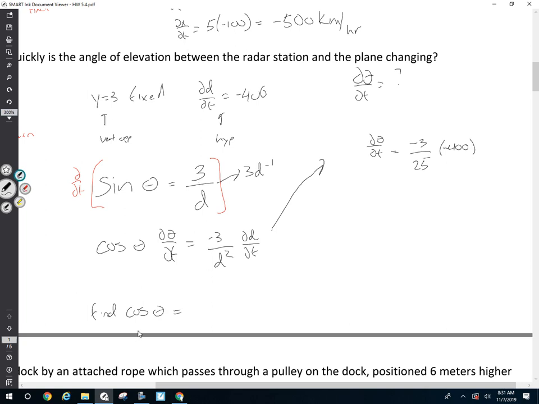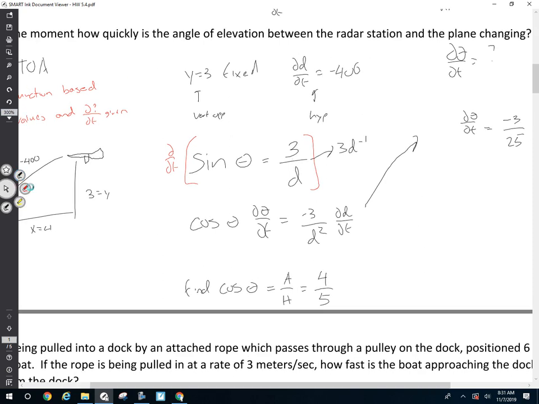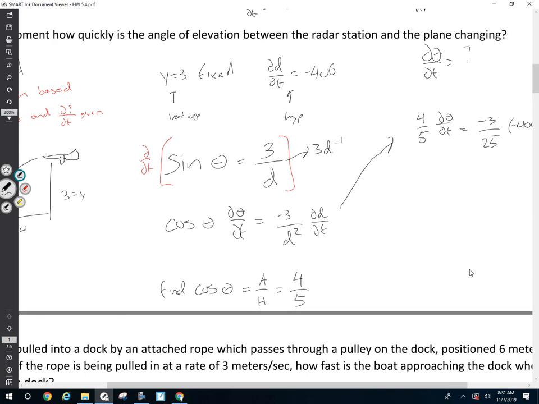Well, the cosine of theta is equal to the adjacent side over the hypotenuse, or the horizontal over the hypotenuse. The adjacent side is 4, the hypotenuse is 5. So cos theta equals 4 over 5. That's easy. I don't have to worry about angles and inverse trig functions or anything. I got cos theta equals 4 over 5.